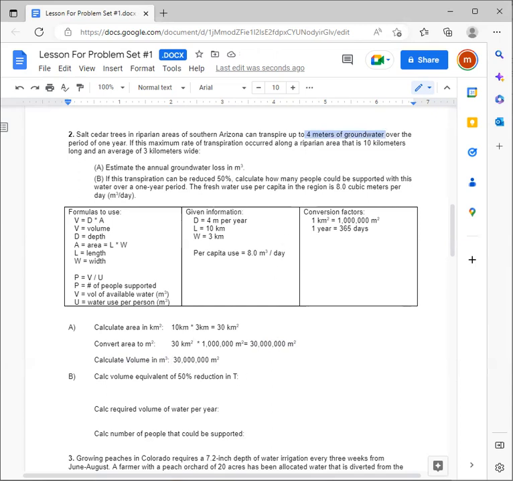So 30 million times 4. And then that's going to give us the 120 million cubic meters.